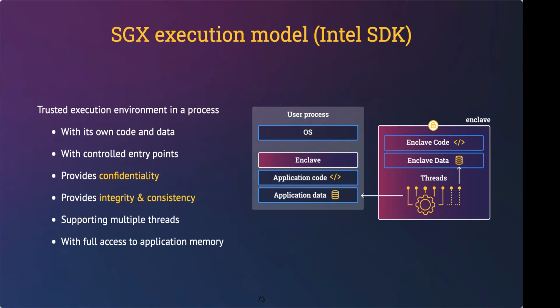You have your application, and there you have application code, and some parts of your application code should be in an enclave, the part that has to process the most sensitive data. And that enclave can then have multiple threads, and it protects all the code and the data that's inside of that encrypted memory region.